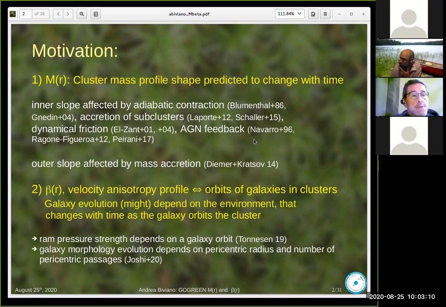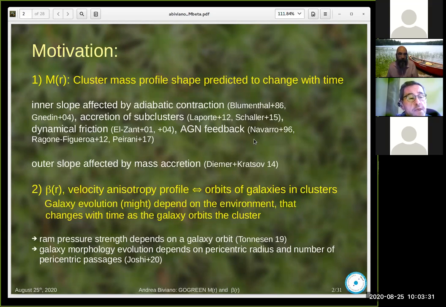Basically because we expect from theory that cluster mass profile shape changes with time due to several physical processes, among which adiabatic contraction, AGN feedback, and accretion of subclusters, which change the inner slope of the profile or also the outer slope.